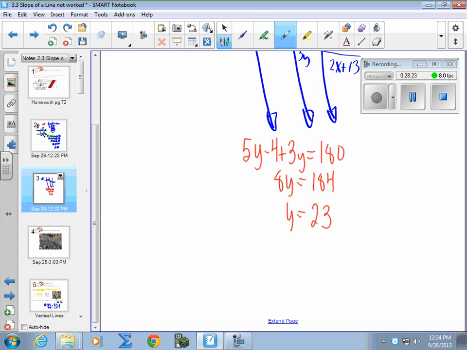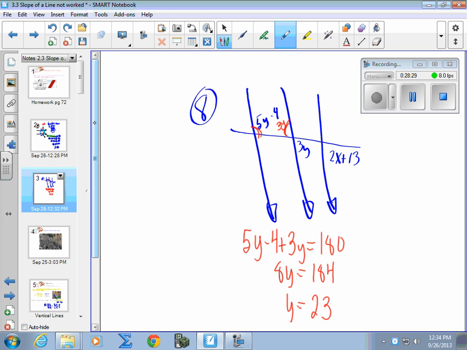All right, so I have that y is equal to 23 degrees. So if y is equal to 23 degrees, how much is this angle in here? 69. Because 3 times 23 is 69.